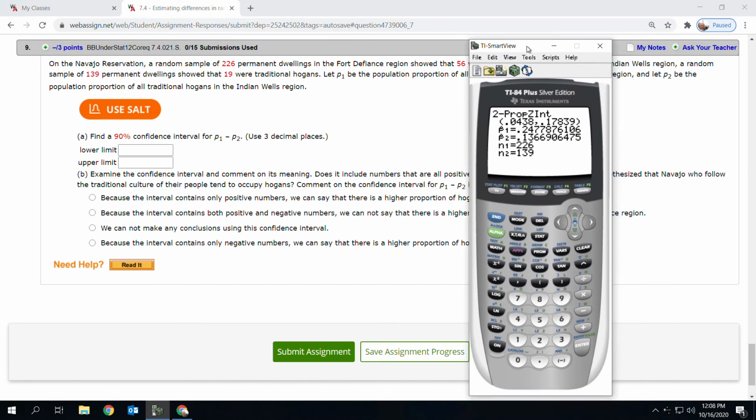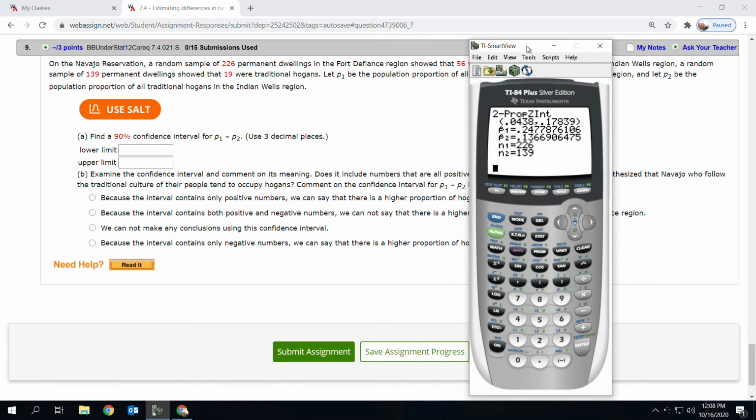Okay, so we're going to get, and I'm going to write this down using 3 decimal places, our lower limit is 0.044. See where that 8 makes a 3 a 4? And then on the upper end, it's 0.178. The 3 is not enough to change anything.